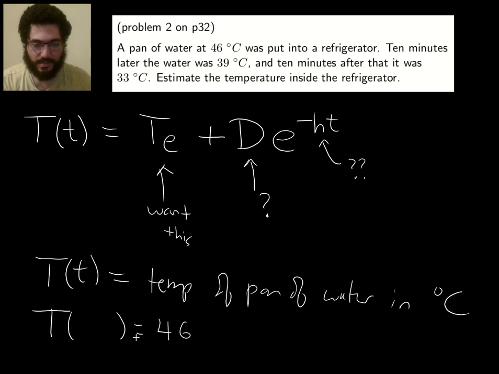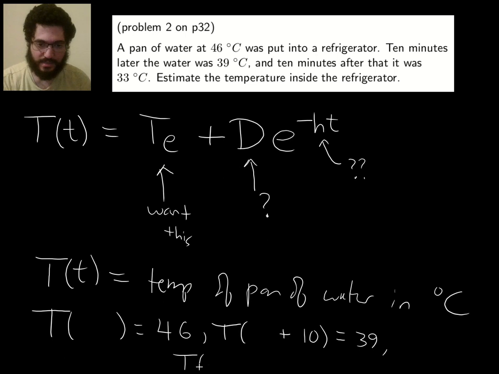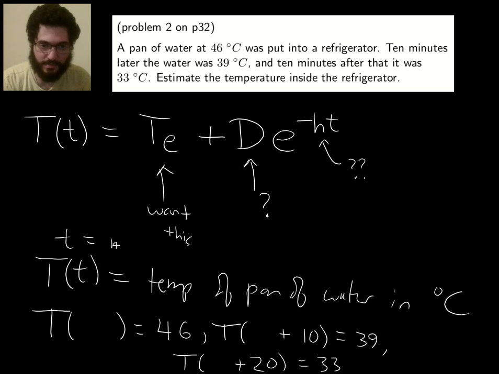And T of a time 10 minutes later, so whatever time I put in plus 10, is 39. And T of 10 minutes after that, so whatever the initial one plus 20 minutes, is going to be 33. And by the way, I should make it clear that now this is in minutes.